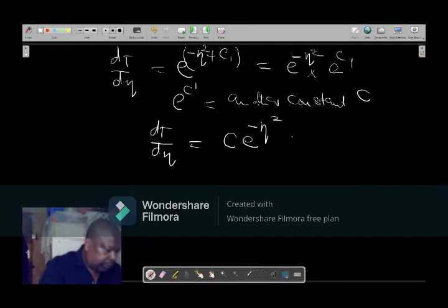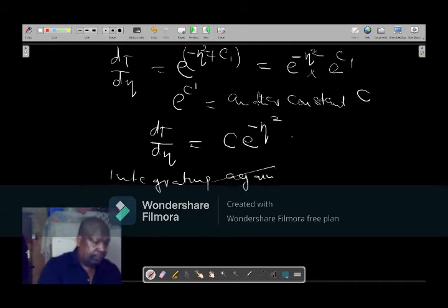Let us integrate again. We'll have the integral of dt equals the integral of c e raised to the power of minus eta squared d eta.